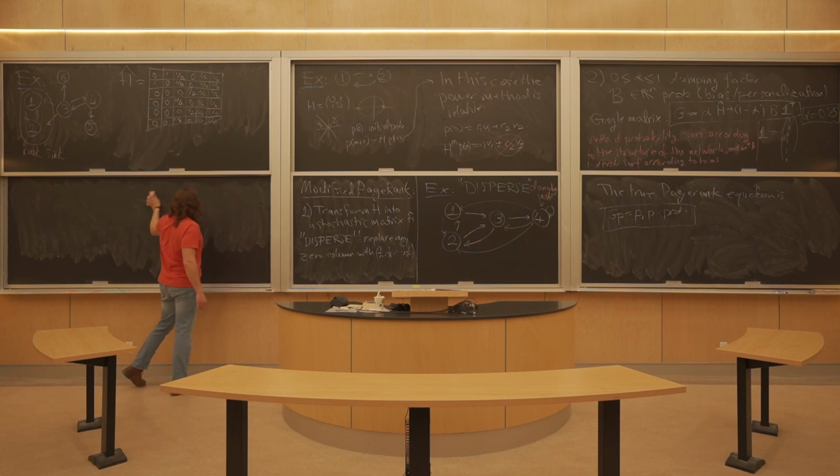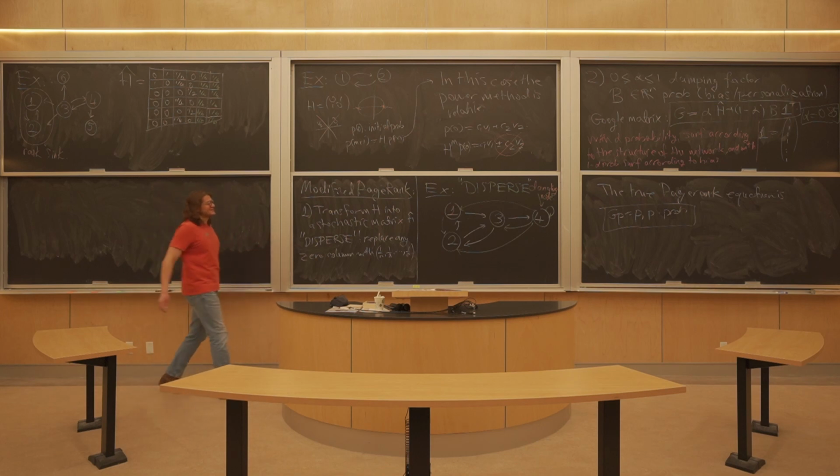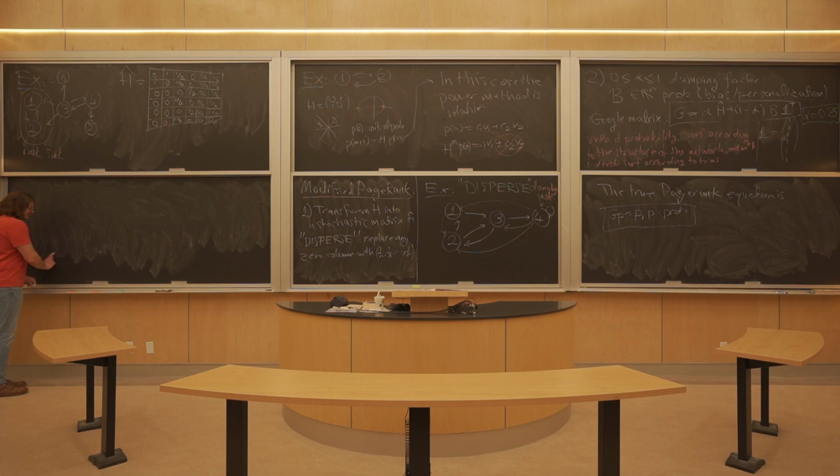Indeed, one of the problems in the last problem set is to come up with the highest ranking web page for this class. So you're going to model the links for this class and figure out which is the most important web page.